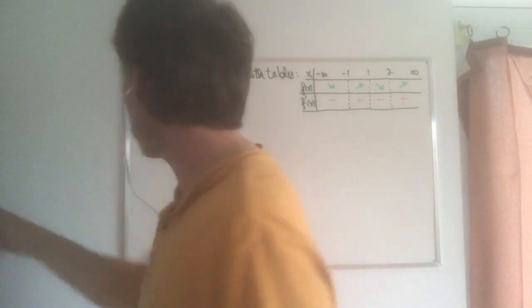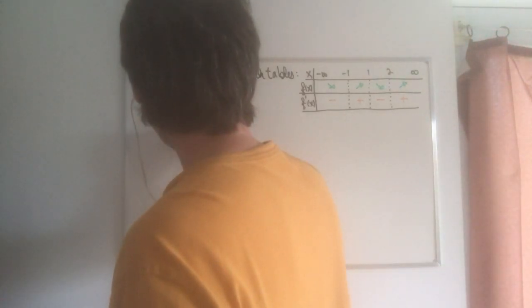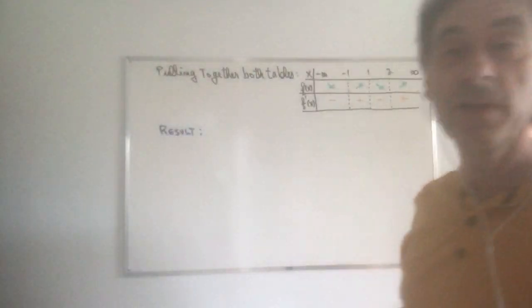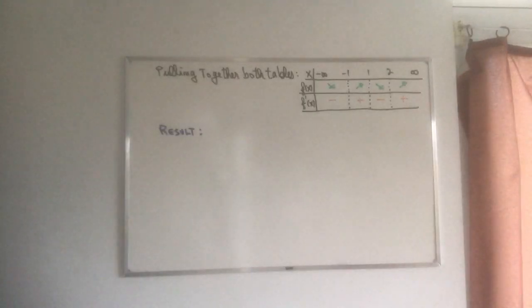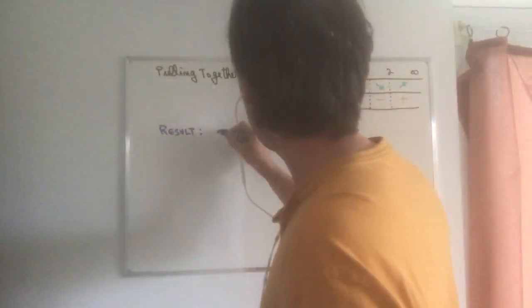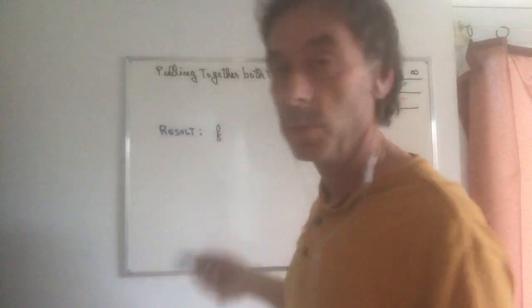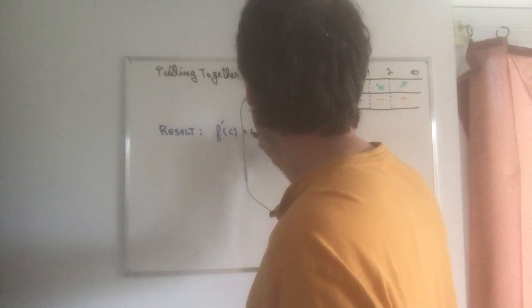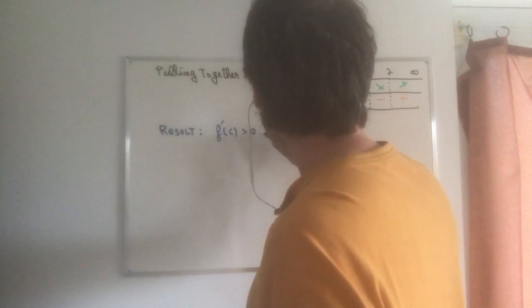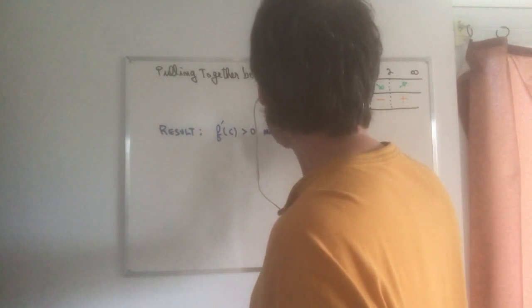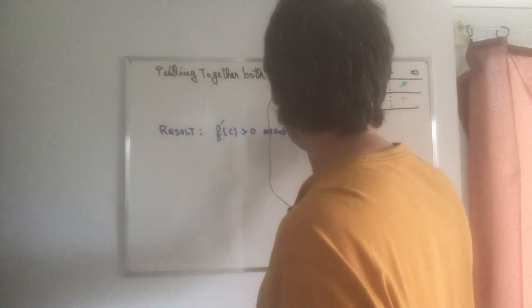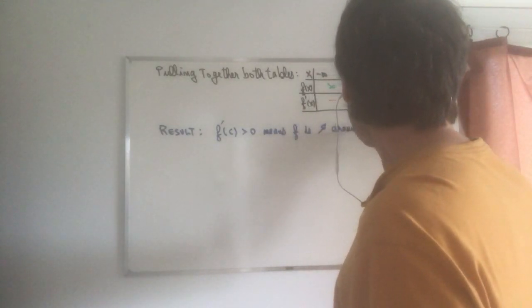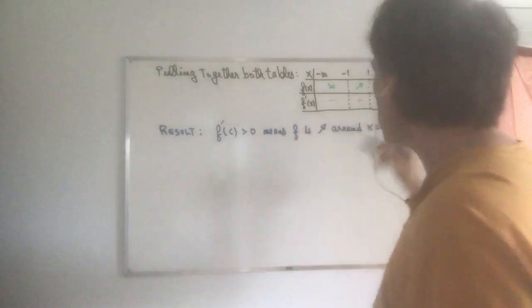We'll put that in blue. So our result at the end of the day is a two-part result. F prime at c greater than 0 means f is increasing around c.